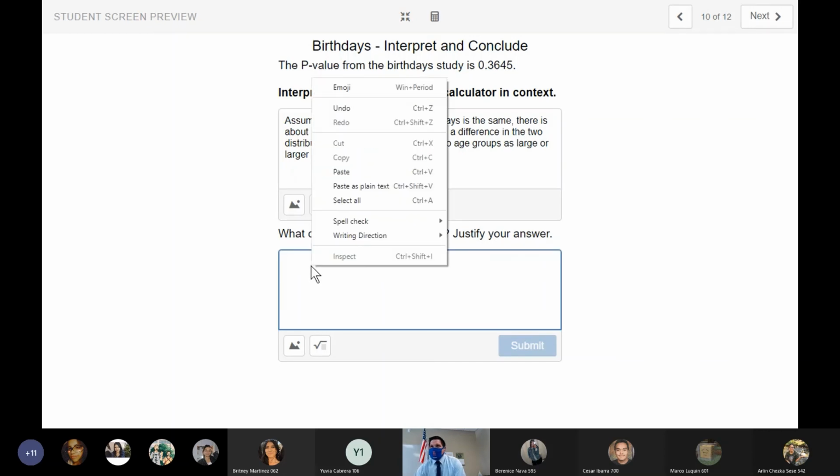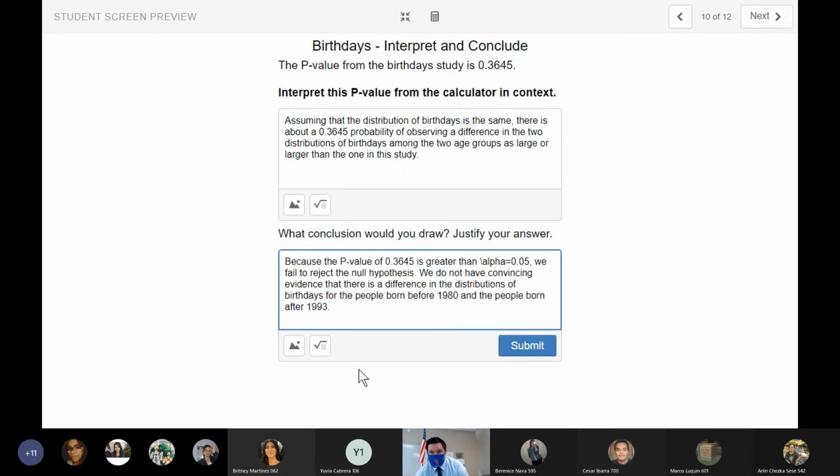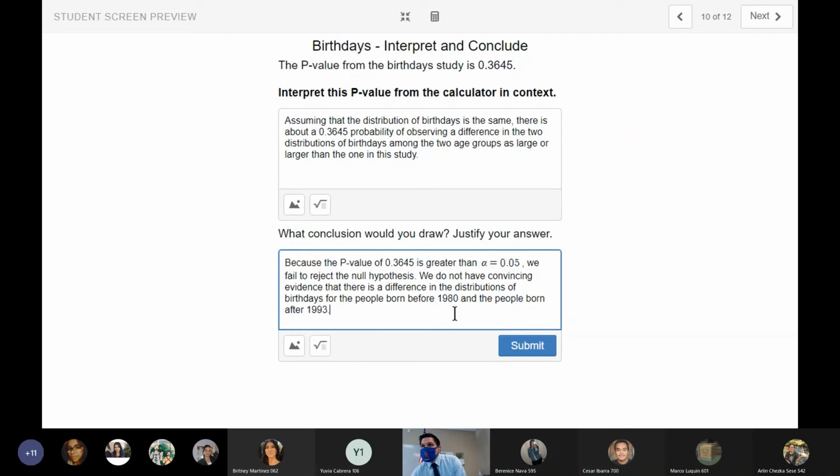If the probability of that thing happening is high, then there's no reason to reject the null hypothesis. The null hypothesis could be true. In this case, because the p-value is large, 0.3645 is greater than alpha, we fail to reject the null hypothesis.